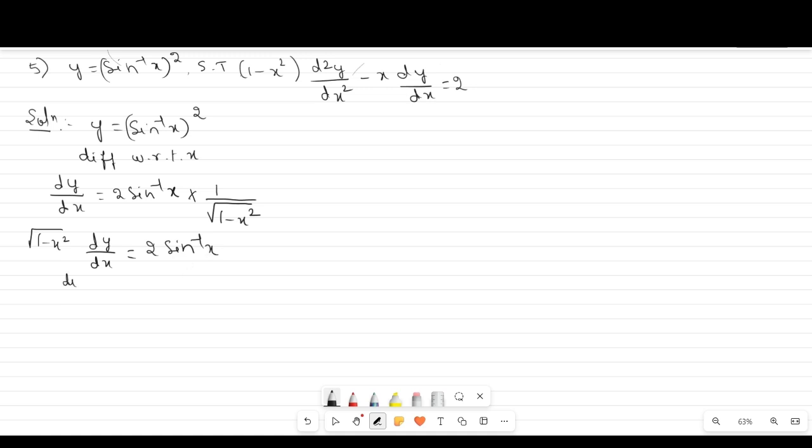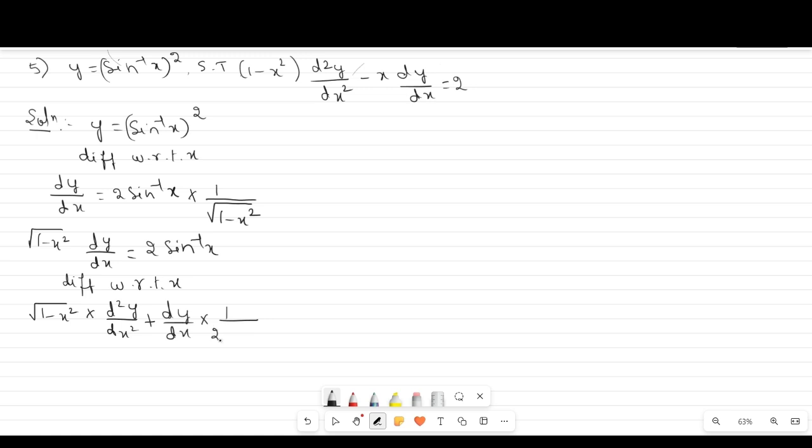Again, let me differentiate this with respect to x to find the second order derivative. In this problem, we must consider the left side as a product of two functions and apply the product rule: first function into derivative of second function, plus second function into derivative of first function.